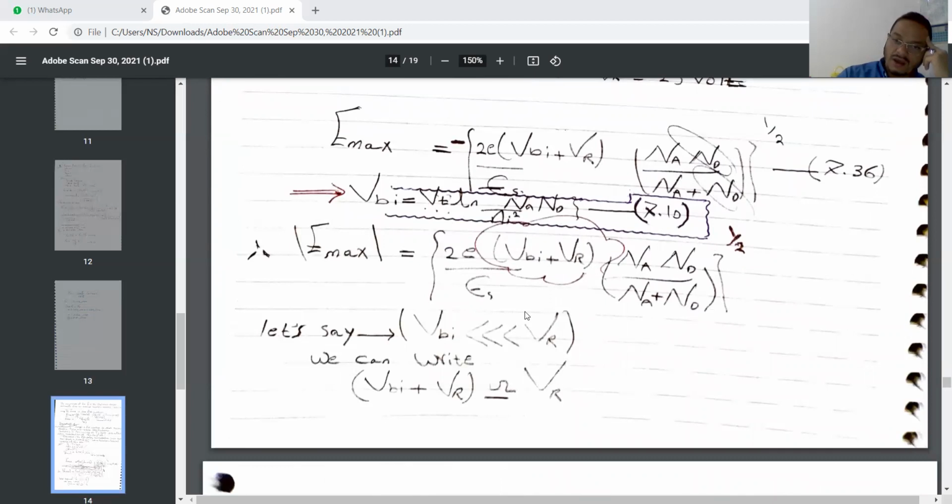Like the author wrote, we can ignore the Vbi in comparison with the reverse bias.